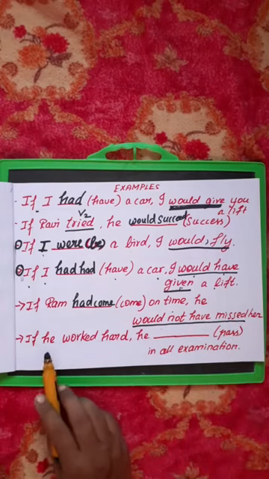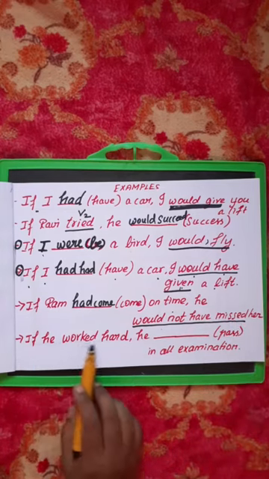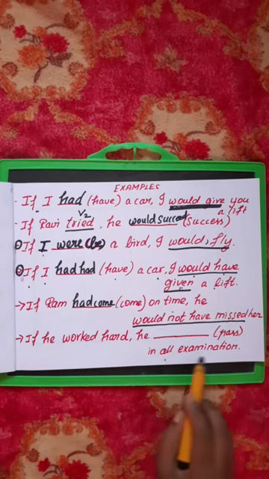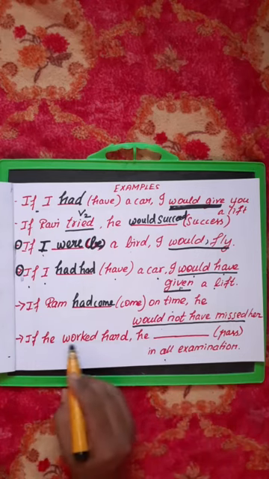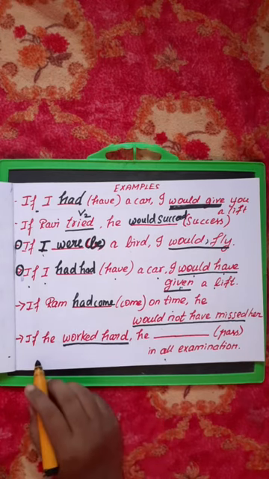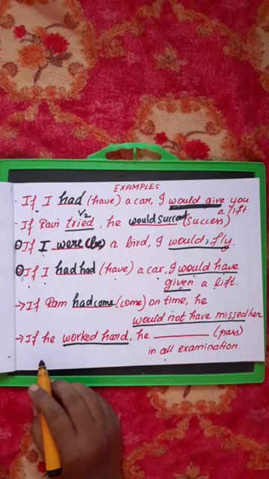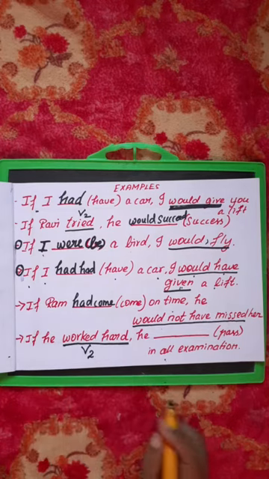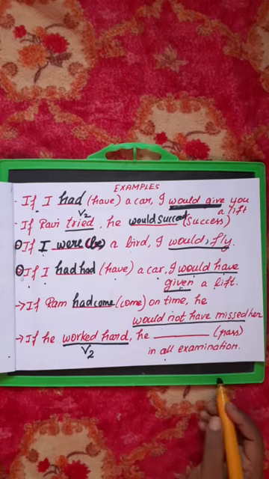Hope you can understand. If he worked hard, he dash pass in all examinations. Here what do we have to underline? What's the verb? If he worked hard. It is in V2. Good. What's the answer then?